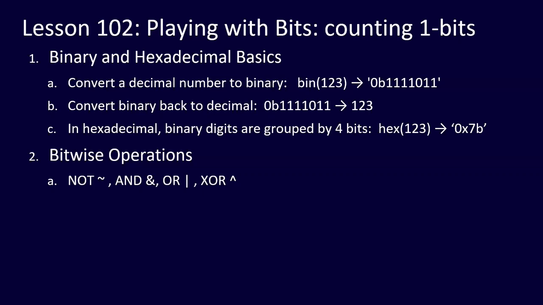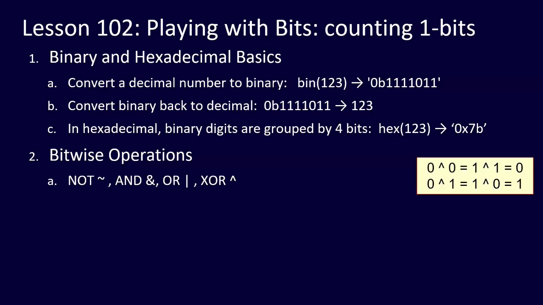Or means if either of the operands is 1, the answer will be 1. Exclusive or means that if only one of the operands is 1, the answer is 1, like this.